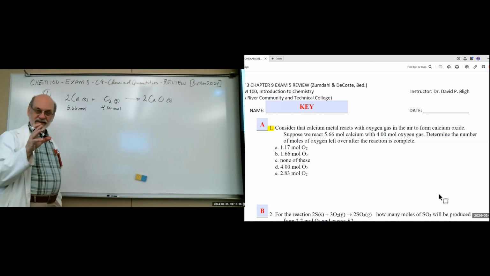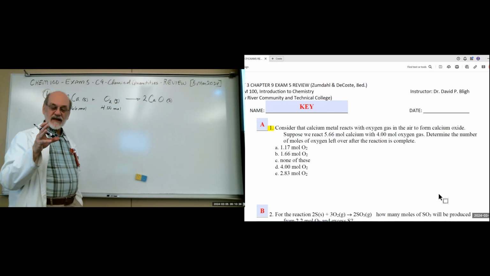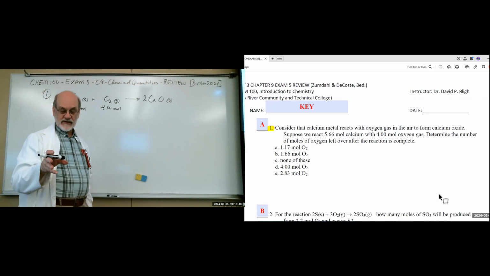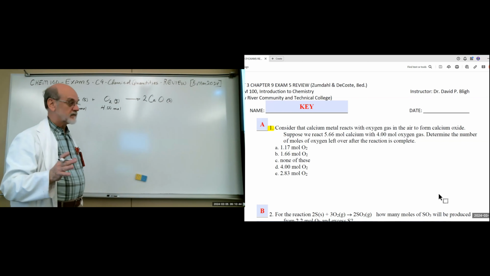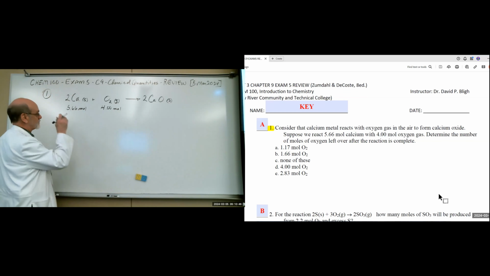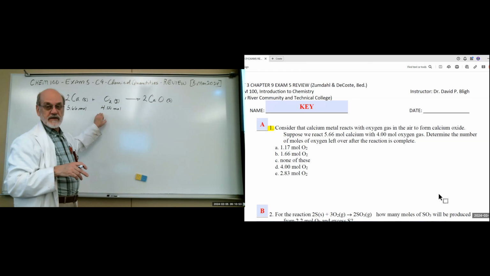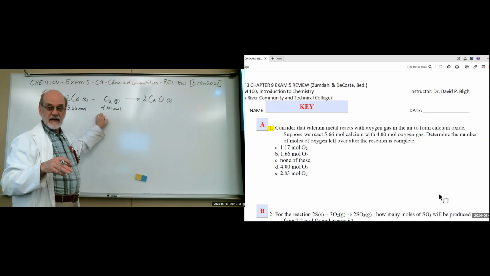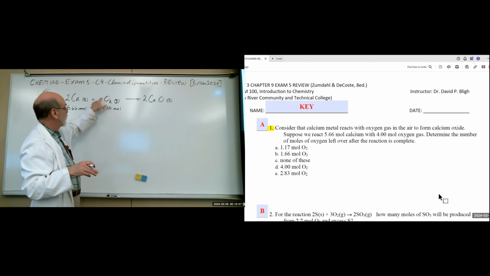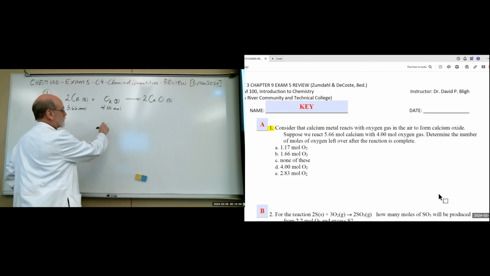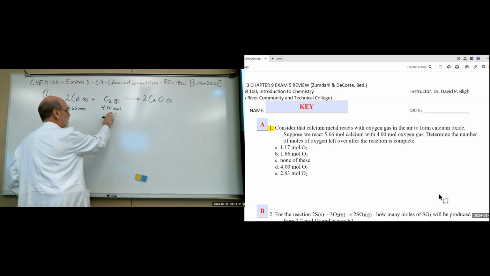Well, that statement implies that oxygen is in excess. But maybe it is and maybe it isn't. So the way to find out which one is limiting and which one's excess is to look at the ratio, 1 to 2. So if this is 1, right?